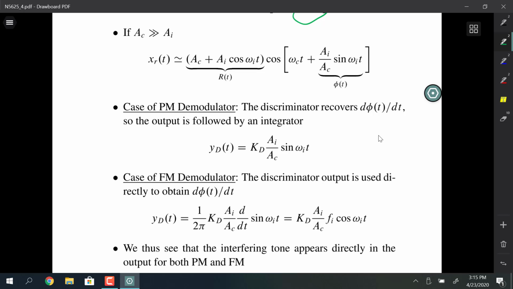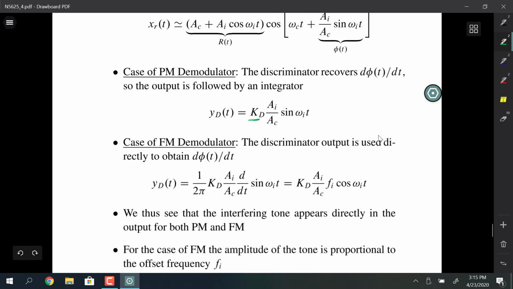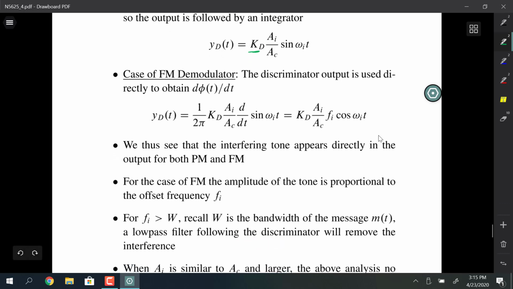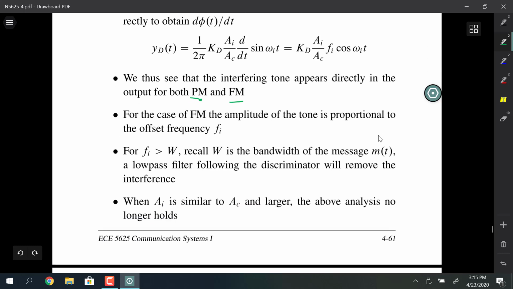So we'll be recovering, within the gain constant of the phase demodulator, just what we see in the argument already, and then the derivative will pop up when we do the frequency modulation case. The bottom line is we're seeing that the interfering tone appears directly in both the phase modulation and the frequency modulation case.